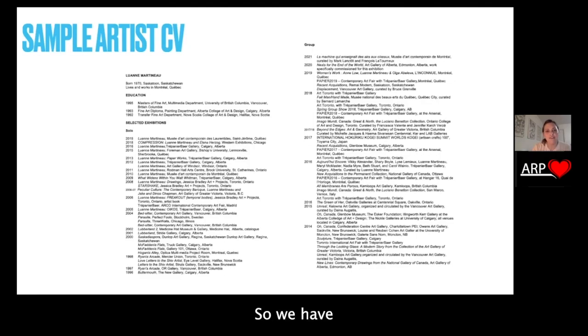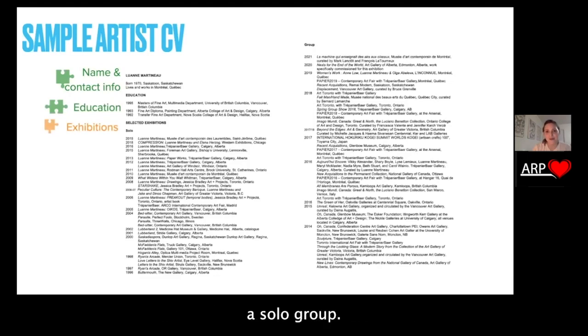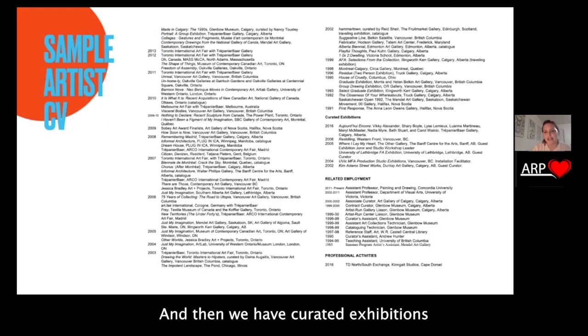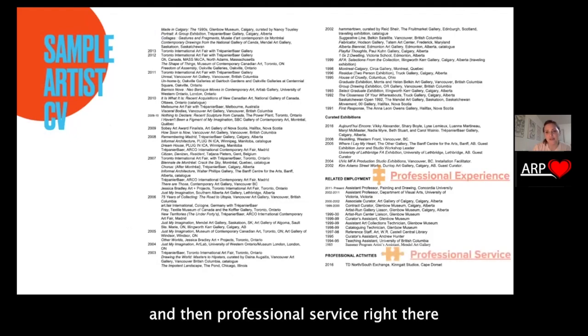So we have name and contact information, education, and exhibitions are split up quite a bit. This is a very established artist, so solo, group, and then we have curated exhibitions on here on this, what, 4th page we're on now. Related employment is that professional experience category, and then professional service right there.